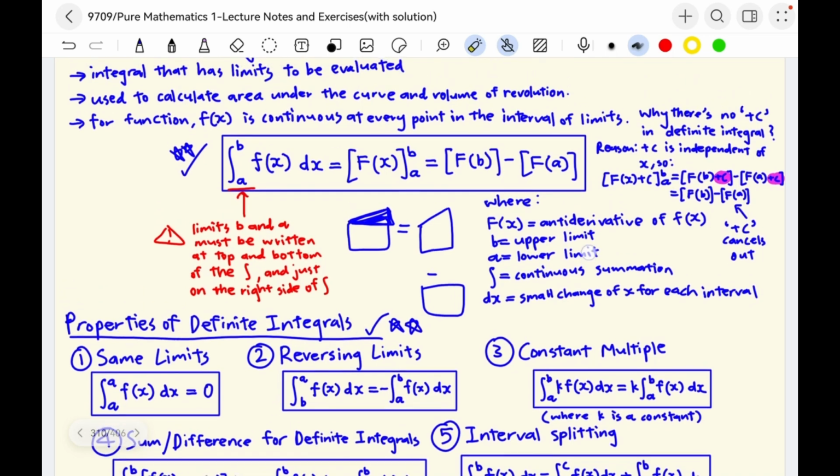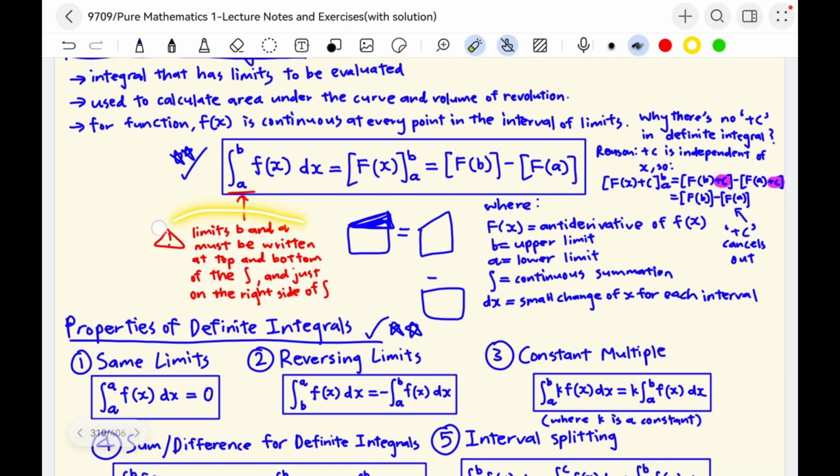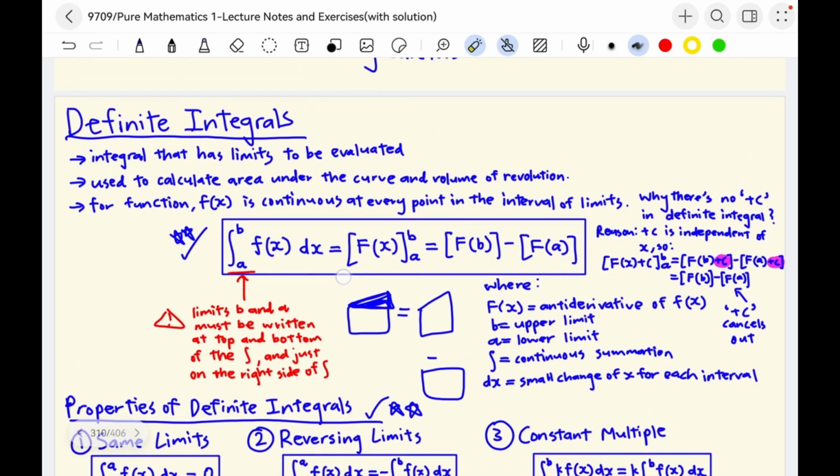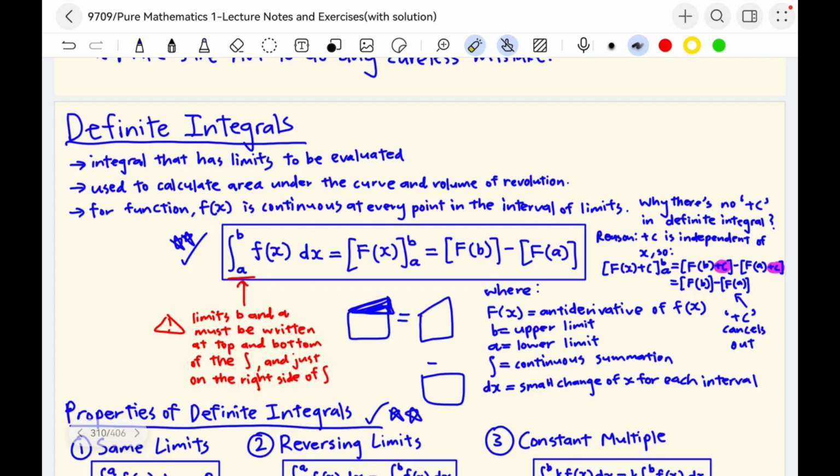But here is a warning: the limits b and a must be written at the top and the bottom of the integral sign, just on the right hand side. Please bear in mind and write it properly when you solve definite integrals.